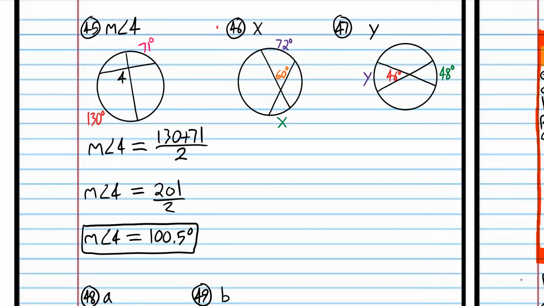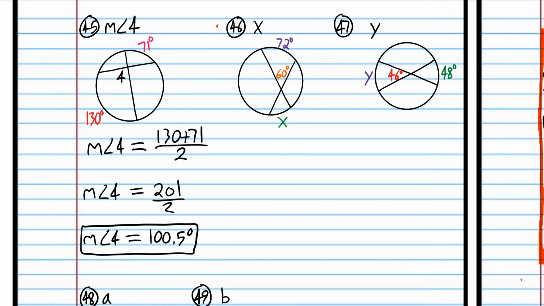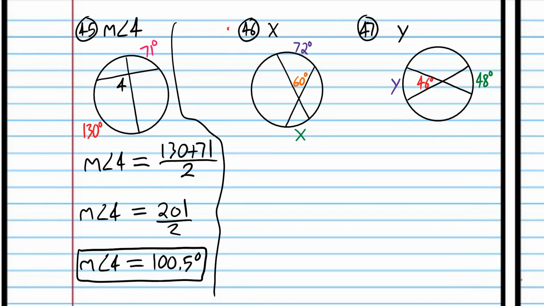Okay, so now we're just doing some variety problems on this same theme here. So now we know that the inner angle there has to be equal to the sum of the intercepted arc measures, or the measures of the intercepted arcs, divided by 2. So now we just multiply both sides by 2.